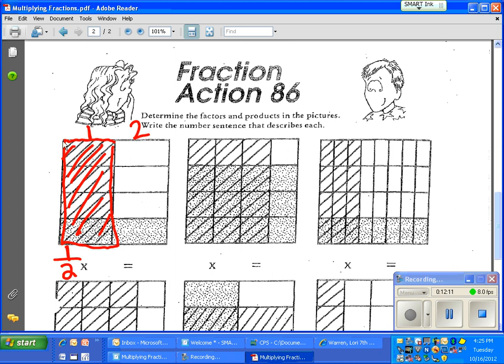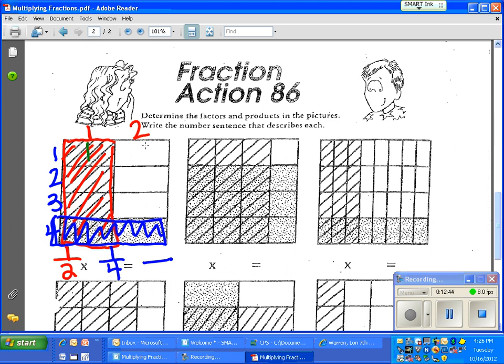Then you're going to look at the rows. You have 1, 2, 3, 4 rows. So remember, that's the denominator. Out of those 4 rows, only one of those rows is dotted. Okay? So only 1 out of the rows are dotted. Now, how many rectangles do we have in this problem now?